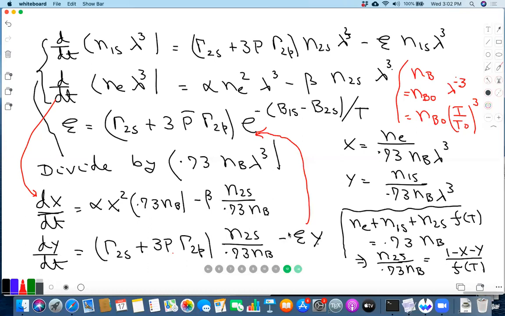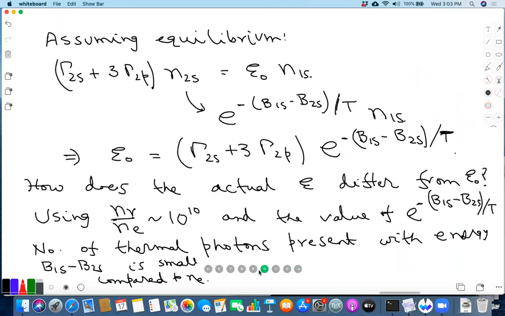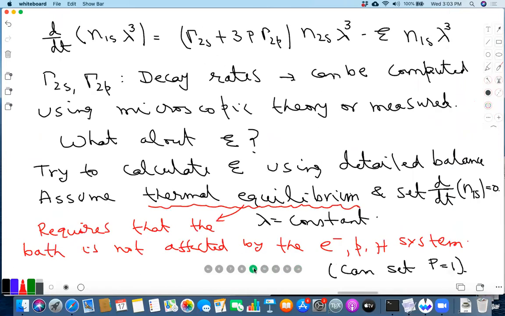You are wondering if there is also an enhancement because there is a 2p to 2s transition, but that has already gone into this formula. In this rate equation, there are two terms. The ones that come from the 2s to 2p to 1s transition and actually cause transition back from 1s to 2p, that is already accounted for in writing this P.